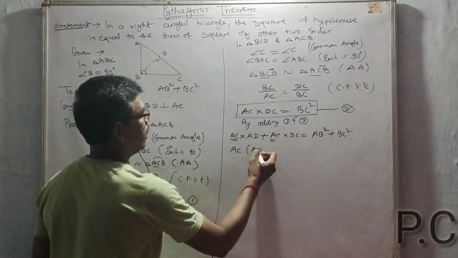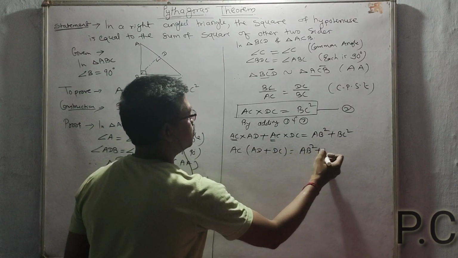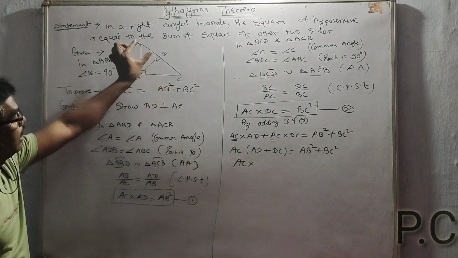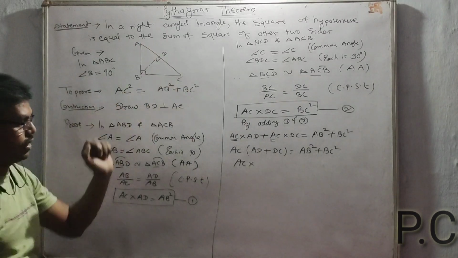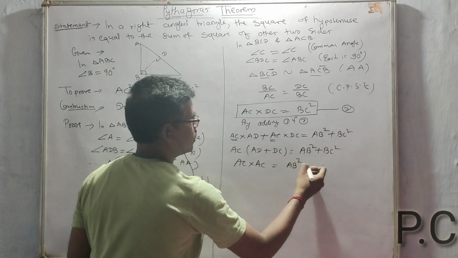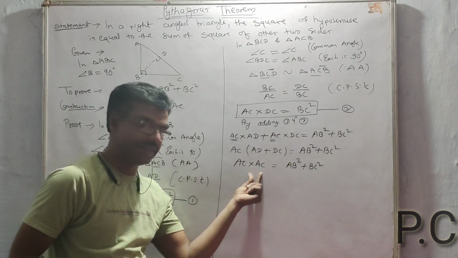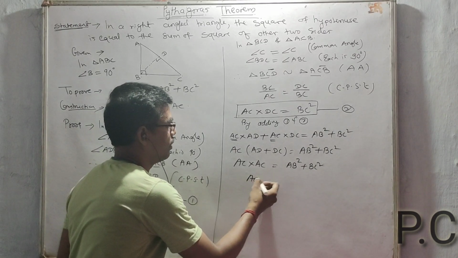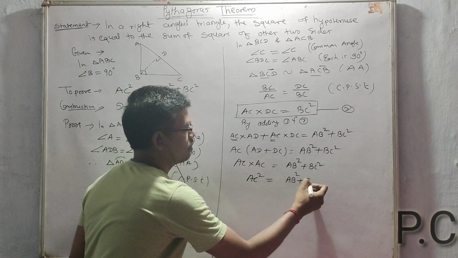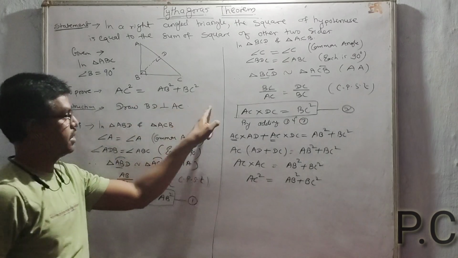Then we get AC times AD plus DC equal to AB square plus BC square. See here, AD plus DC is what? AC from figure. So AC multiplied by AC is AC square, equal to AB square plus BC square. So AC square equal to AB square plus BC square, hence proved.